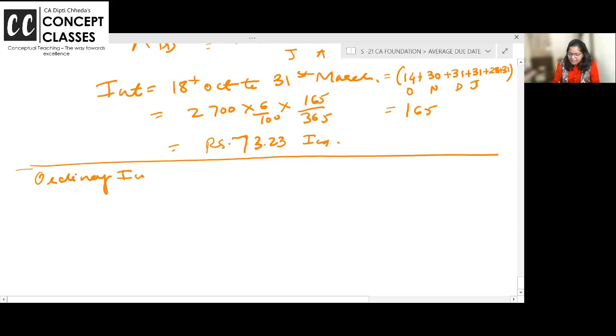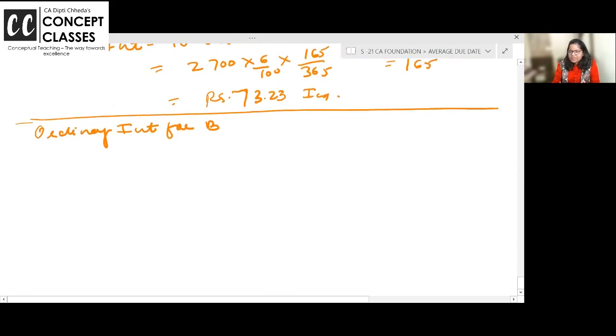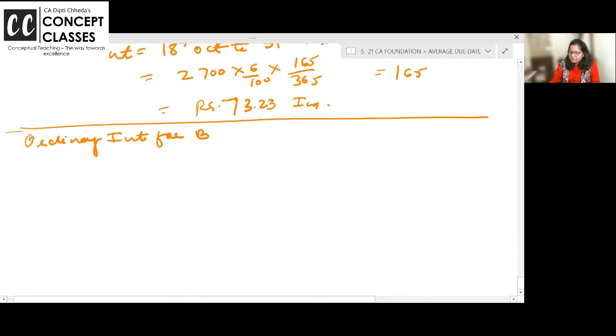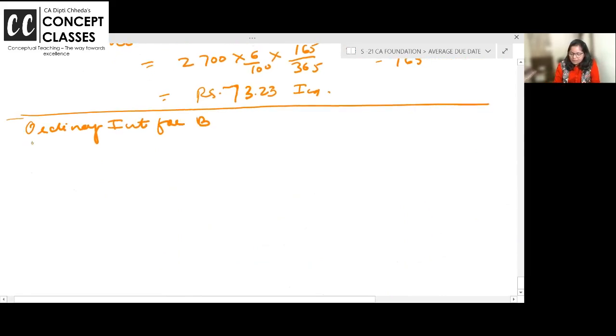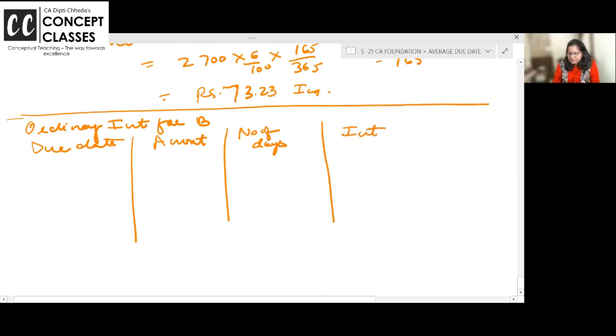Ordinary interest for B. And in exam, if you want to save time, there only you can make the columns. Due date or amount to same hai. Additional 2 columns, there only you can make. So let us take due date, amount, number of days, and interest.